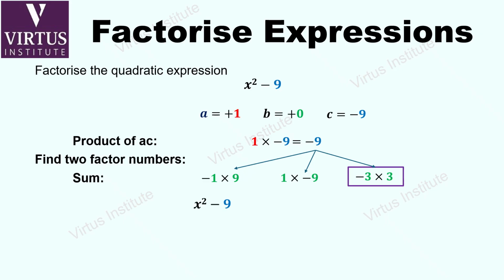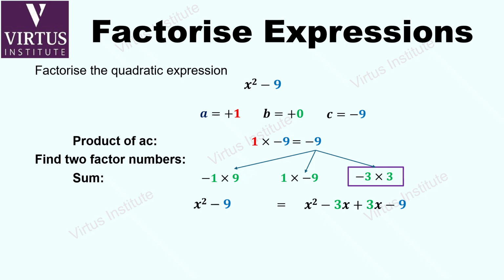Now, rewrite the bx term using these factors, which gives x squared minus 3x plus 3x minus 9.